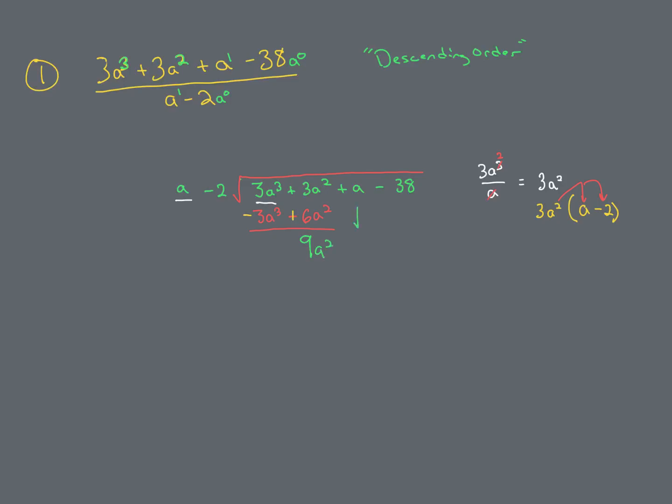Then we're going to bring down the next number, a positive a, and the process starts over again. We're going to look at this first term and divide it by a. So 9a to the second divided by a. Again, the a cancels, and we're left with just one a up top. So we've got 9a. Then we take that 9a and multiply it by a minus 2.